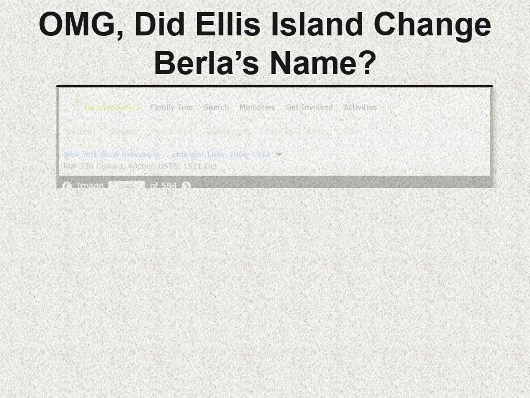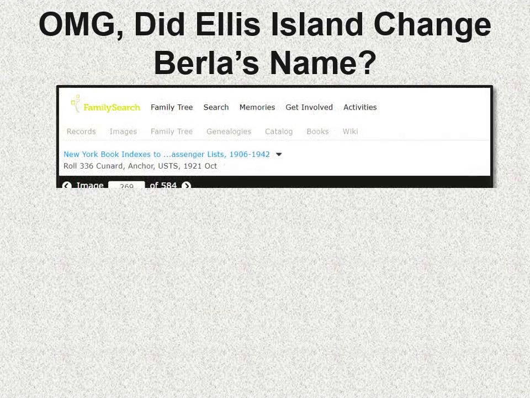Well, it turns out that there's another list which is actually concurrent with the ship manifest, and I go into this in some of my other YouTubes. These were book indexes. A book index is a list of the people on that ship and where they are located on the sheets. The scans are on FamilySearch.